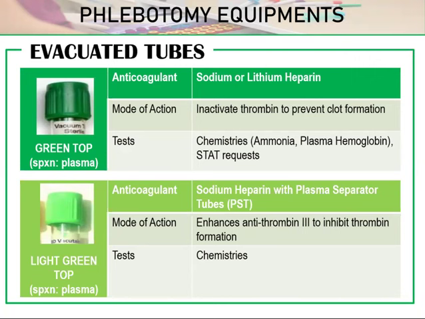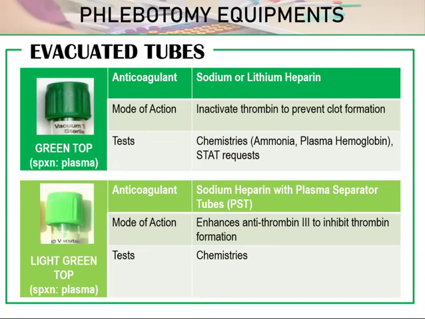You are not allowed to centrifuge immediately because it can lead to hemolysis. After 15 to 20 minutes, you can proceed with the centrifugation. But when you use the green top, there is no waiting time. You can proceed with centrifugation right away. That is why it is ideal for stat requests.